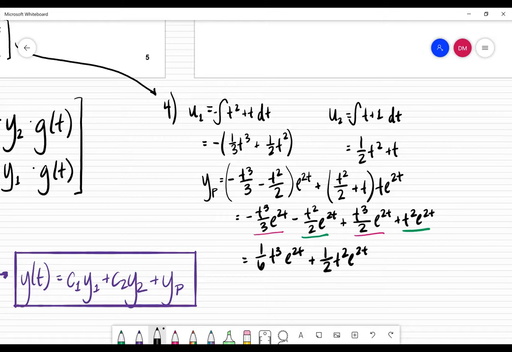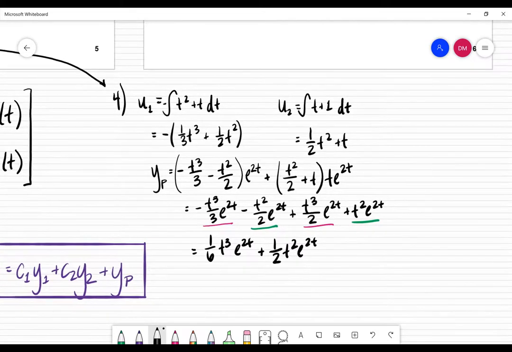And I mean, you can simplify this however you want. We have a greatest common factor here that we can bring out of this. We have an e to the 2t that we can just bring out of this. So, I mean, again, this is all just algebraic simplification. This part is the least of our worries here.